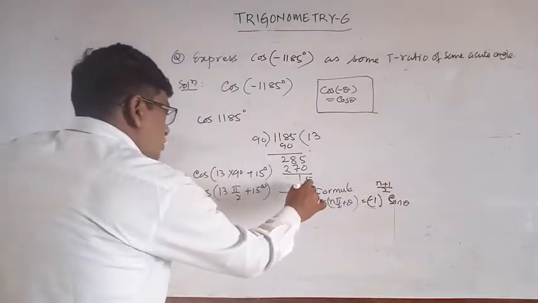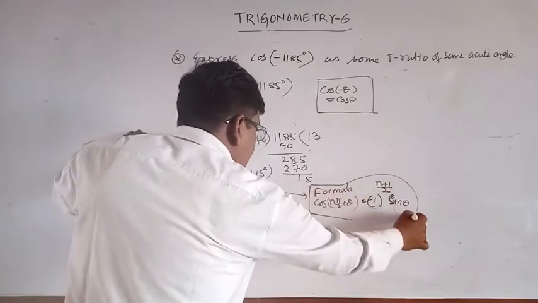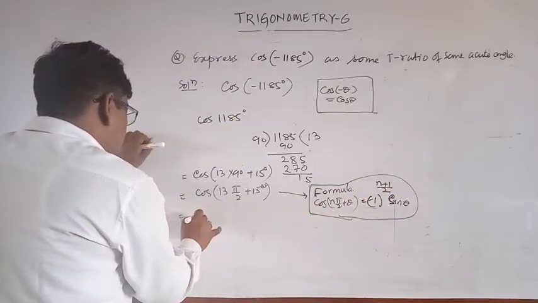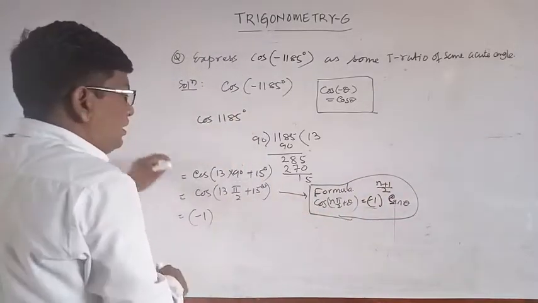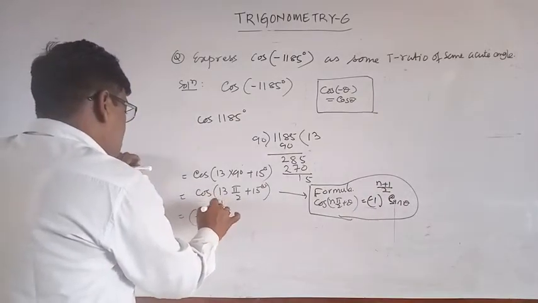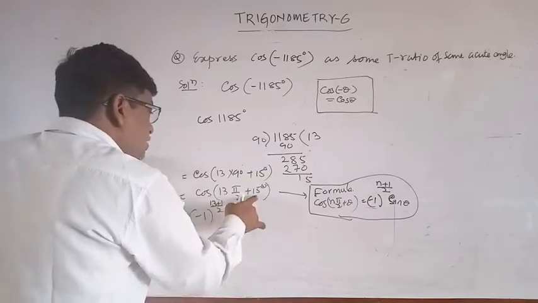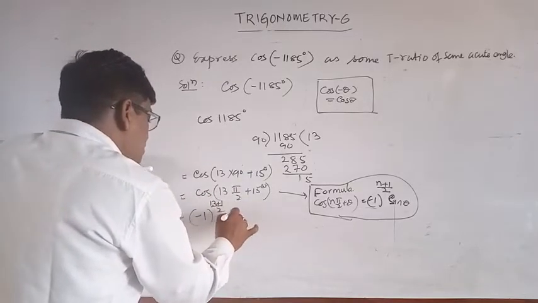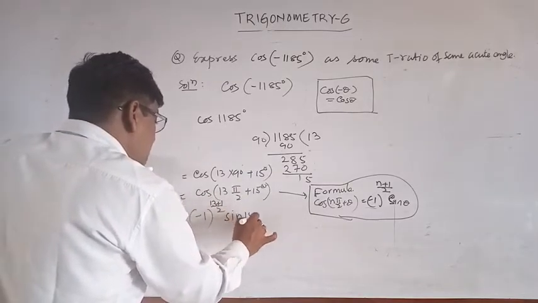So by this formula, n is 13 here, so 13 plus 1 by 2, and theta means 15 degrees, so sin 15 degree.